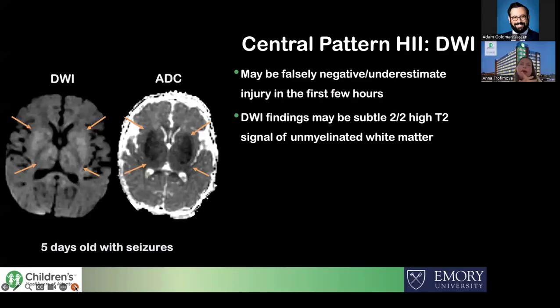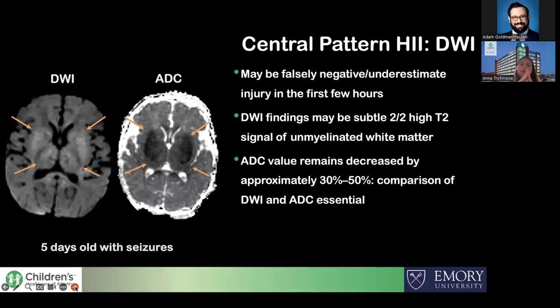Another thing to keep in mind is that if we're only looking at DWI images, the findings may be subtle because of the pretty high T2 signal of unmyelinated white matter, which basically means that we always need to correlate the appearance on DWI with the ADC maps, because ADC values will remain decreased by approximately 30 to 50%.